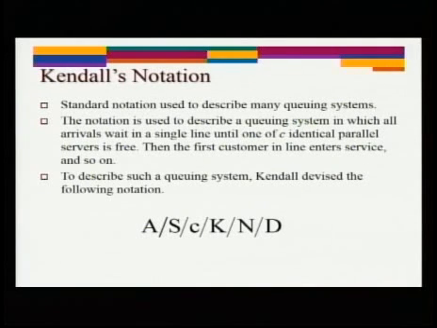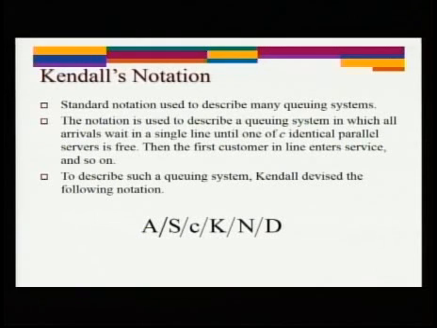Many queuing models assume that all the inter-arrival times and the service times are identically and independently distributed, simply IID, right? And such models are conventionally labeled using Kendall's notation.